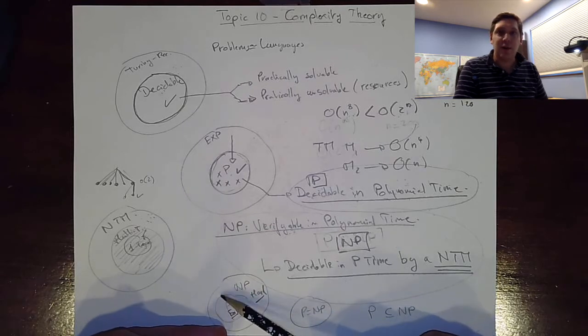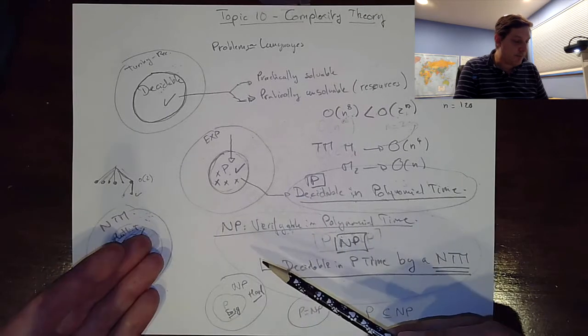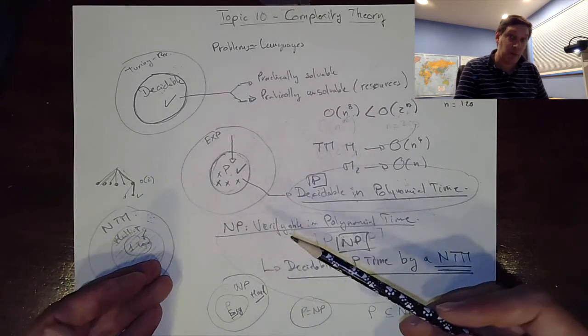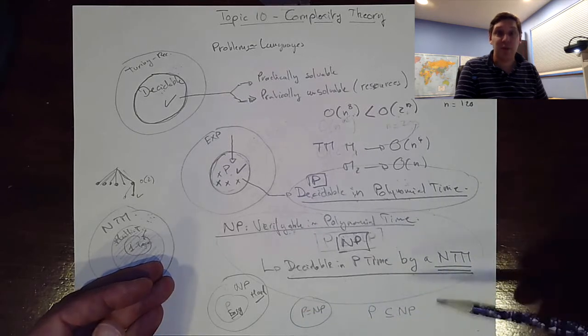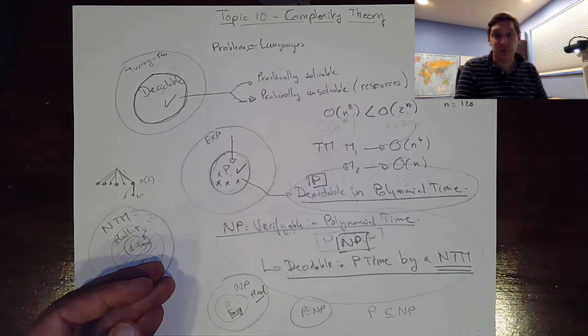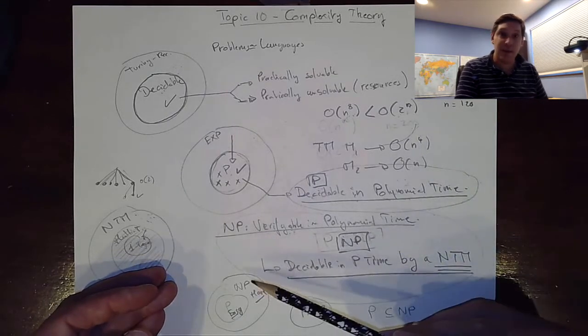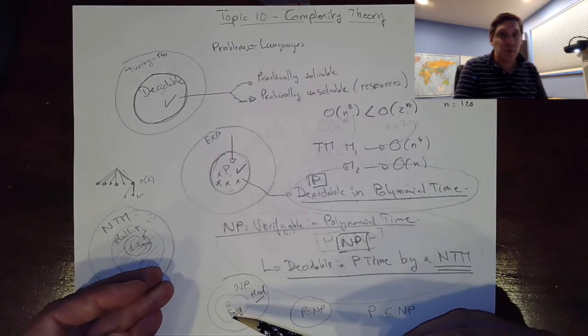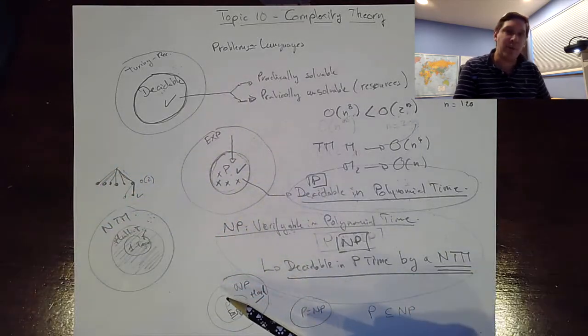They have always been in NP. We know we can find that an input is or is not a solution to this problem in polynomial time. We know they are in NP, but we have no clue. We didn't find a polynomial algorithm. So we suspect that there are problems here.